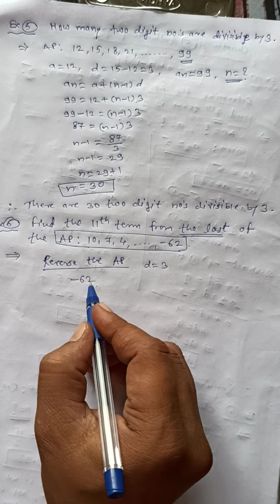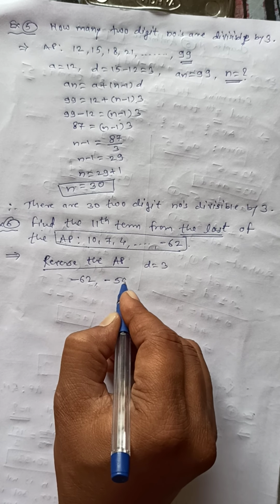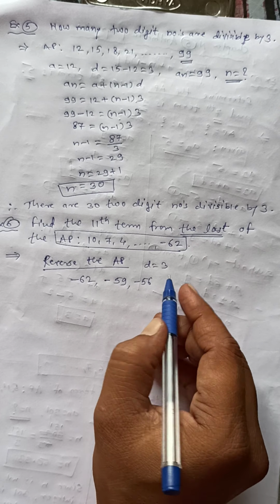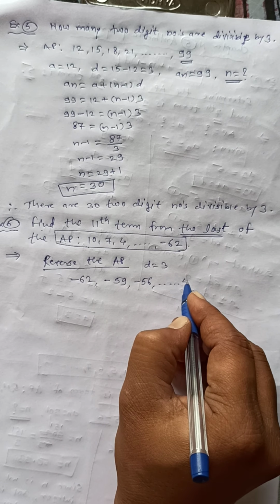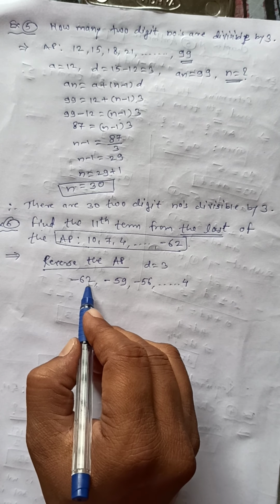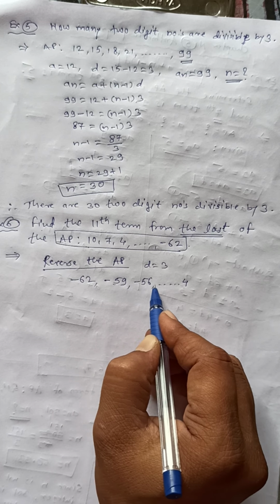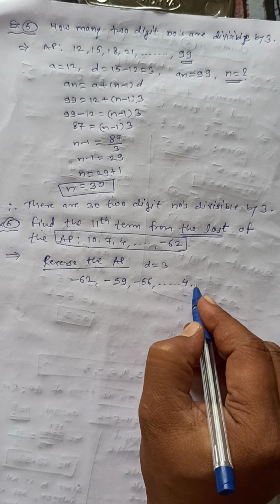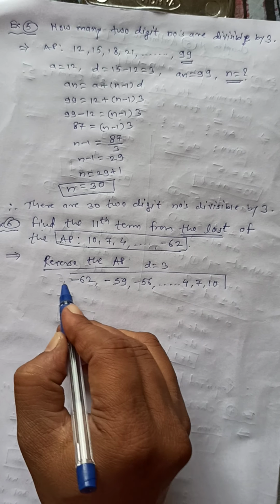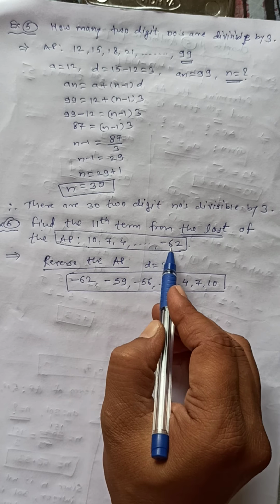Minus 62 plus 3 is minus 59. Minus 59 plus 3 is minus 56, and so on. 4 plus 3 is 7, 7 plus 3 is 10. This is the reversed AP. The original terms were 10, 7, 4 up to minus 62.